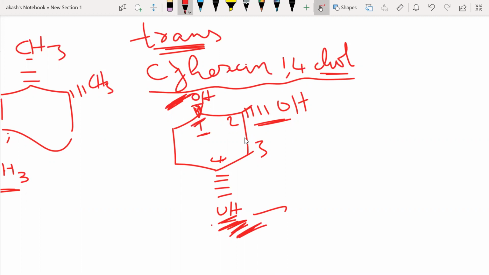If it is trans with respect to this OH, and you have put that OH group pointing towards you, then you have to put this OH group pointing away from me, because it is trans with respect to this one. If it was cis with respect to this one, same side, then you would have put this OH group also pointing towards you. That's what you would have done.